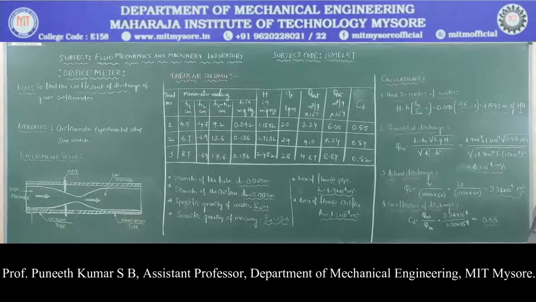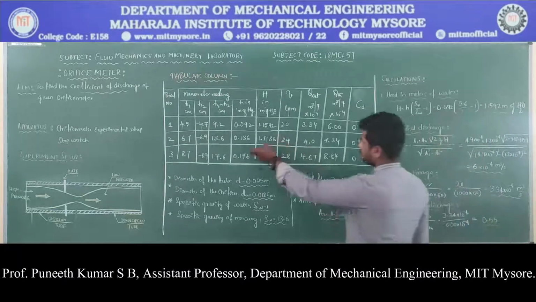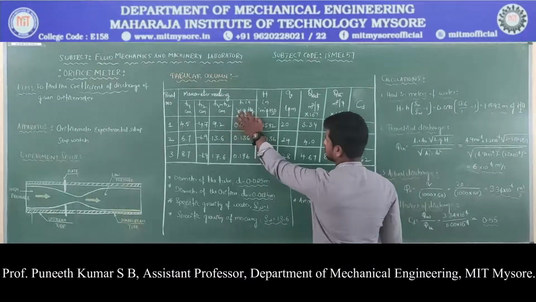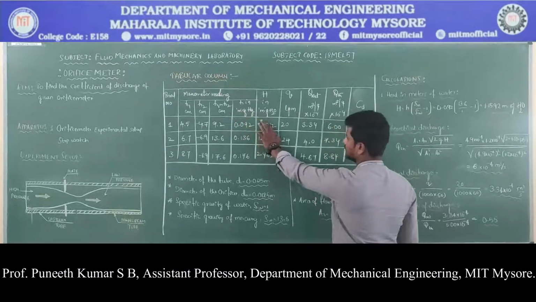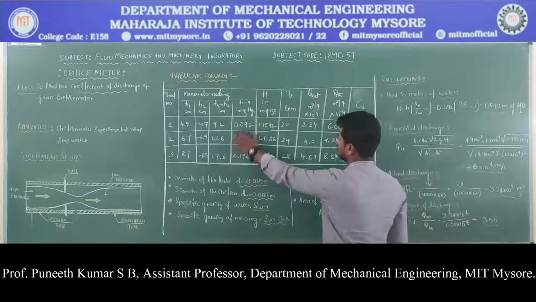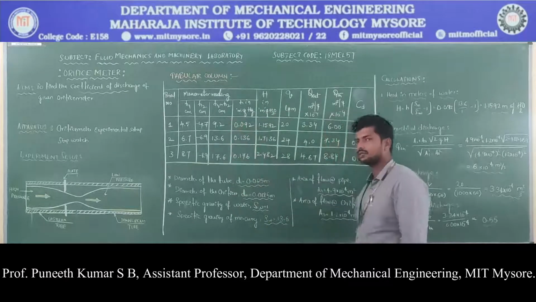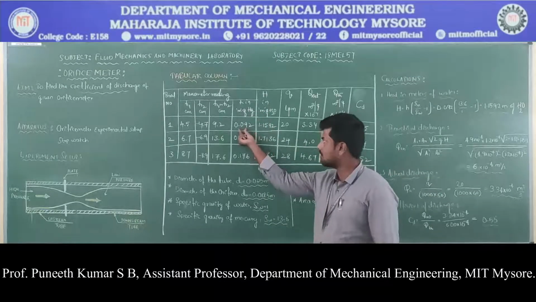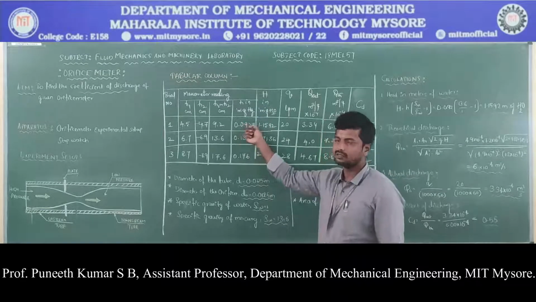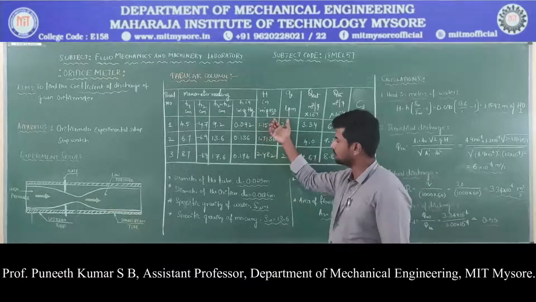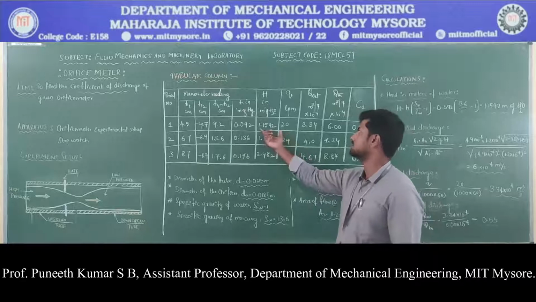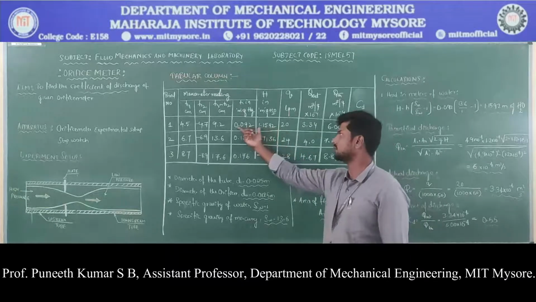Thus we can clearly see that both have the same meaning, but here the expression is in terms of mercury, and here it is in terms of water. The density of mercury is very high, so the magnitude is very small. Here the density of water is way less compared to mercury, so the magnitude is very much higher.